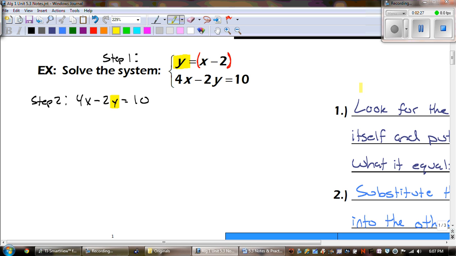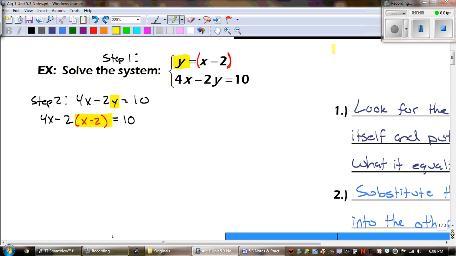Step number 2 says we have to substitute the parentheses, so the x minus 2, into the other equation. So what that means is I have 4x minus 2, and this is where that y was. I'm going to plug in (x minus 2), and that's going to equal 10. Okay, so I substituted what y equaled, the x minus 2, right here.